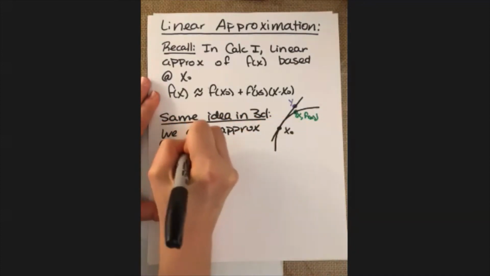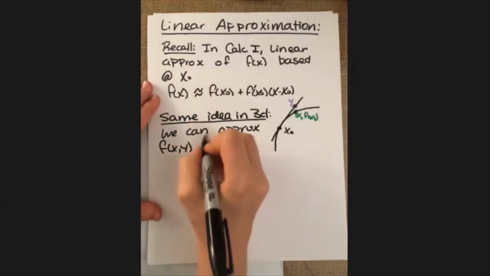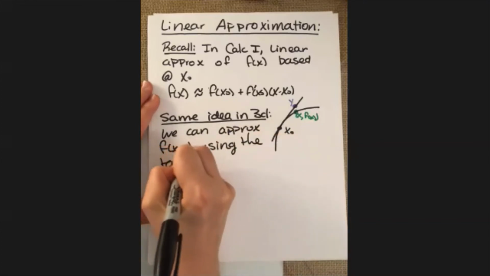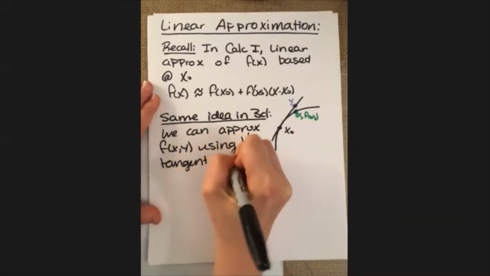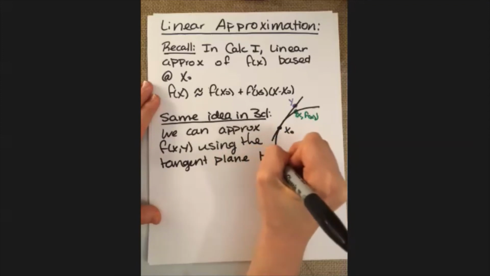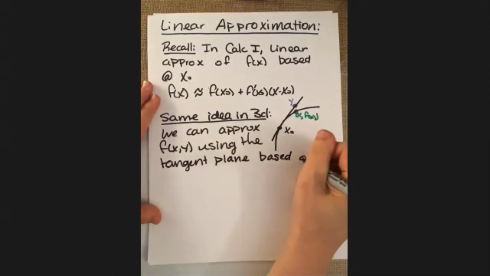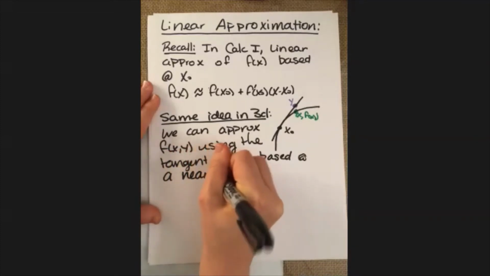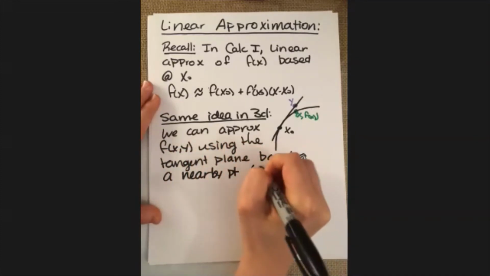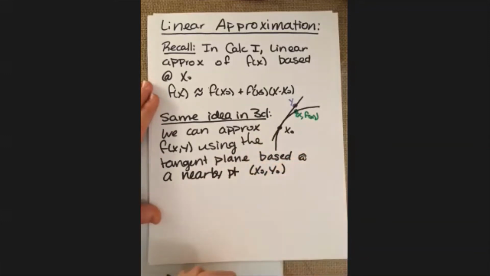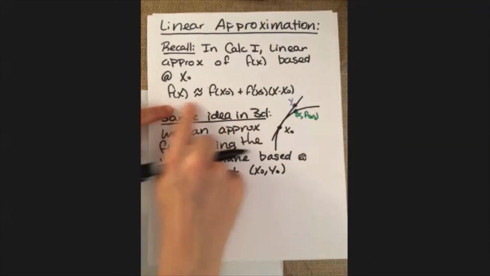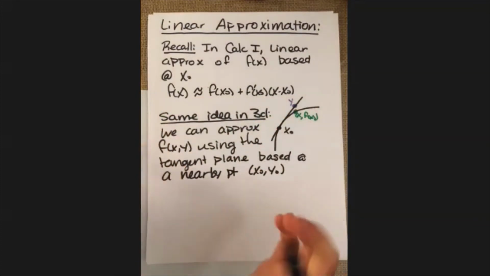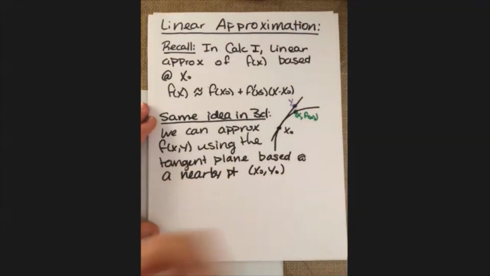So we can approximate a function f at x, y using the tangent plane based at a nearby point, say x naught, y naught. And just as this equation here uses the same equation as the tangent line, this approximation is going to use the same equation as the tangent plane.